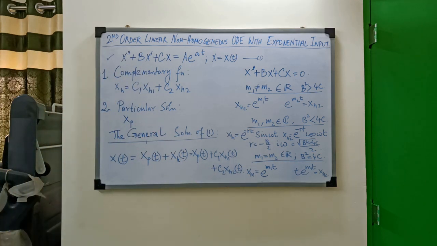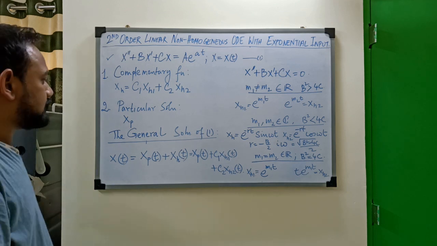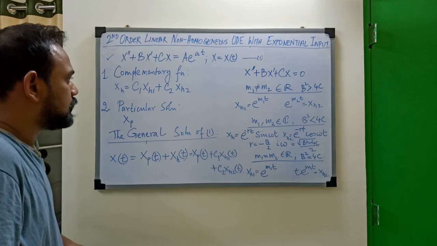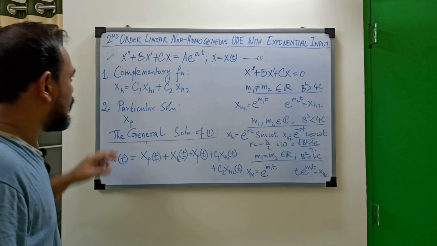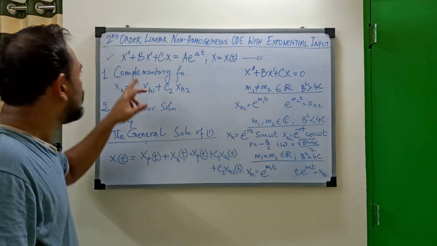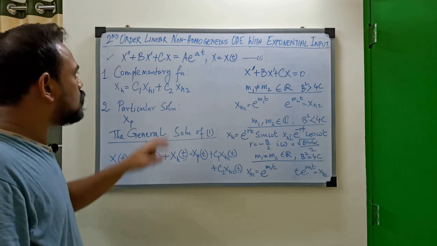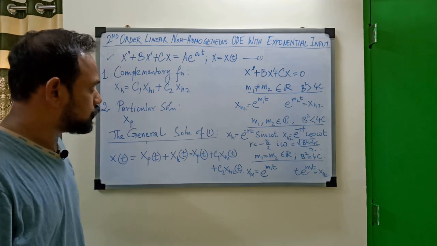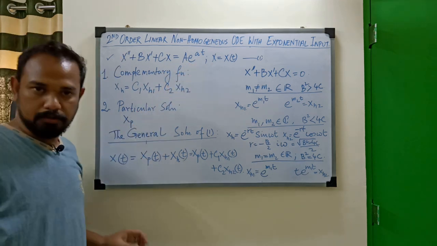And therefore, as I said, it's the climax of this expedition, where we have completely solved, in the most general form, this second order linear non-homogeneous ordinary differential equation with an exponential input.